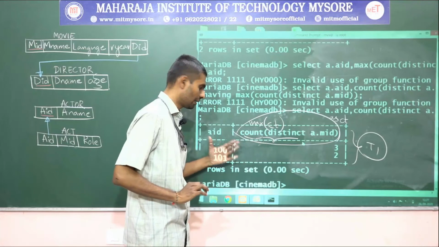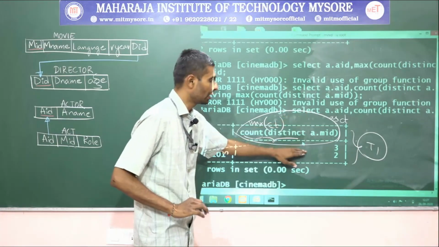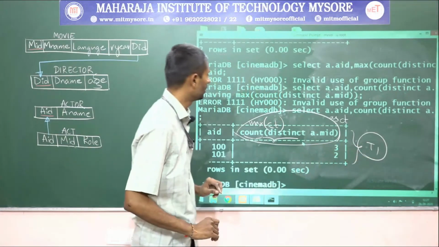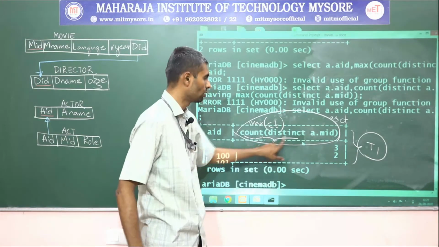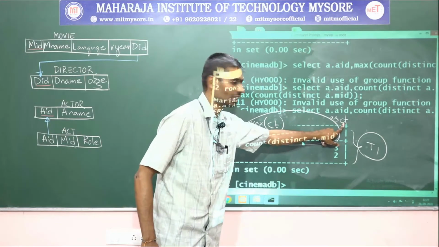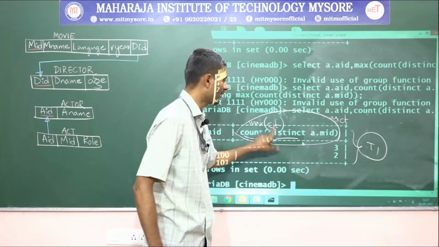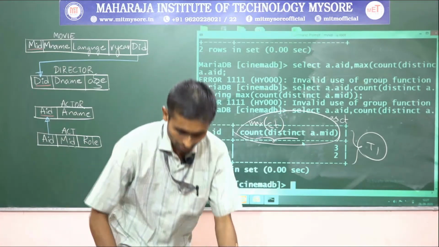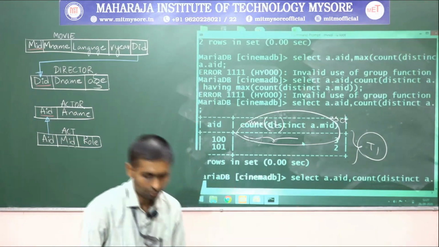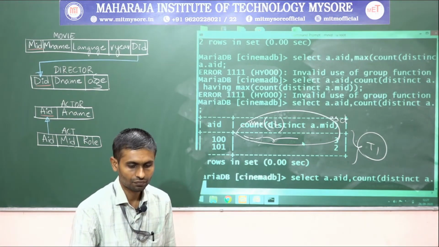We are only storing this retrieved answer of this query under the name T1, that's it. Then in T1, we are giving a different name for this count of distinct A.MID as CT. On this CT, we are applying a maximum of CT in the outer query, that's it. So this is the query, guys, fine.